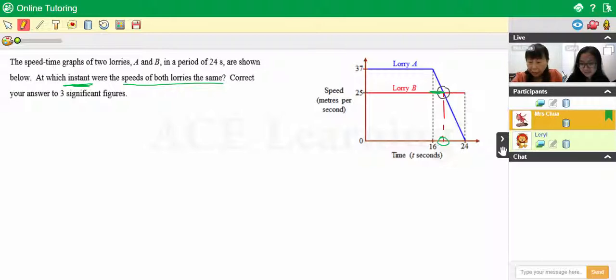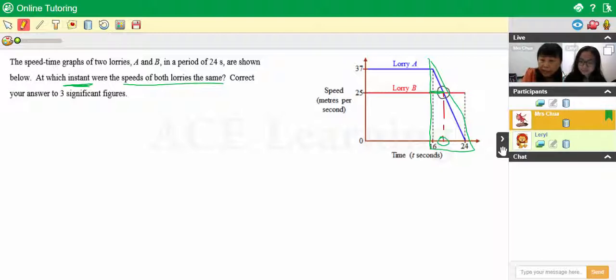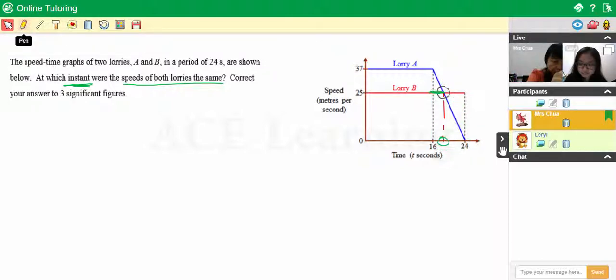Now, I would like you to take a look at what you've observed about this part of the graph. It is a right angled triangle. Yes, it is a right angled triangle. Okay, good. In fact, it is more than one. You have another one here. We have two. We're going to extract that triangle that you've seen just now.